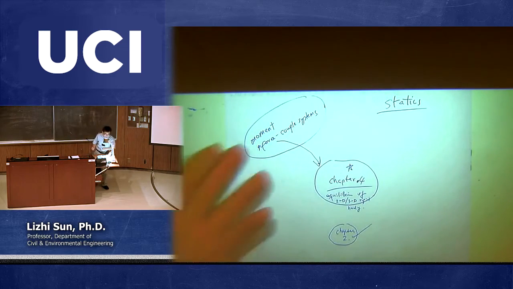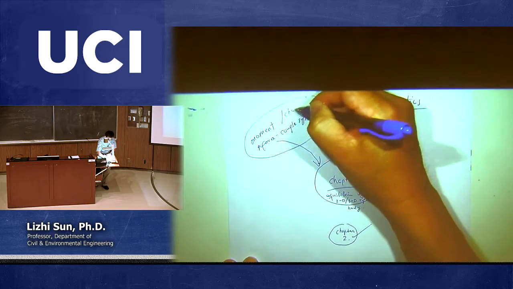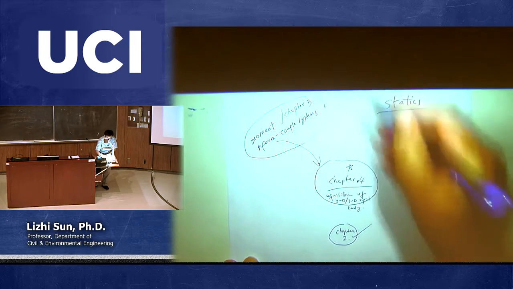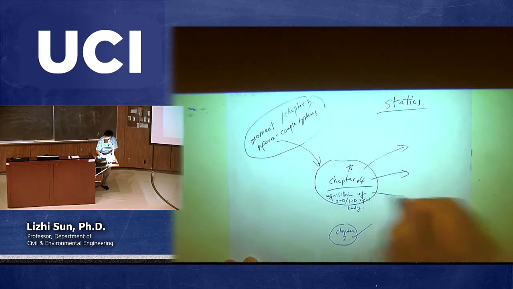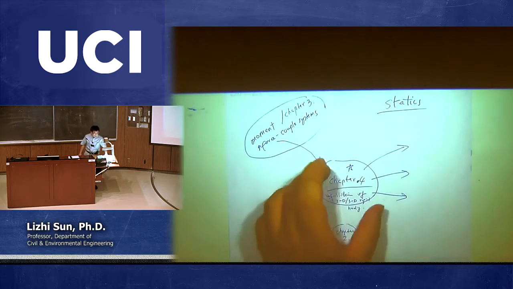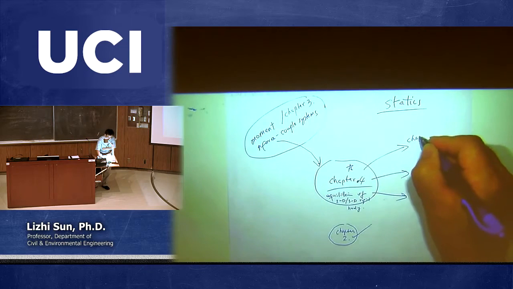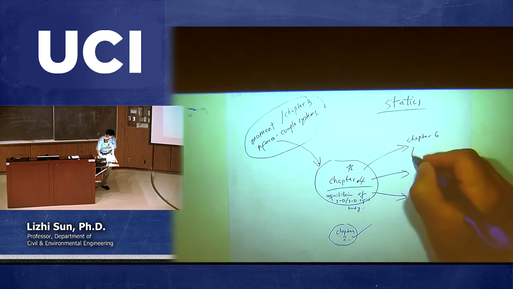But once we are done with chapter 2, chapter 3, chapter 4, I forgot this is chapter 3, right? Then we are going to have some kind of applications. Okay, just use the fundamental principles to solve specific problems. The first specific problem is chapter 6, which talks about truss problems.